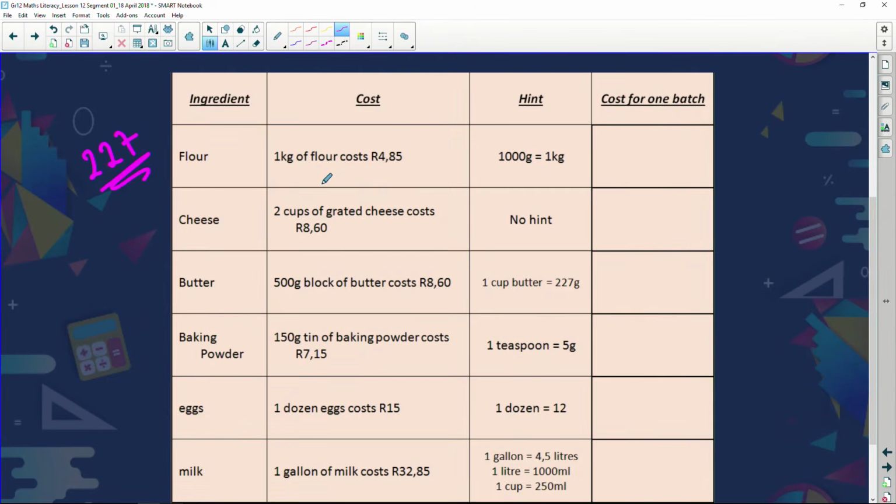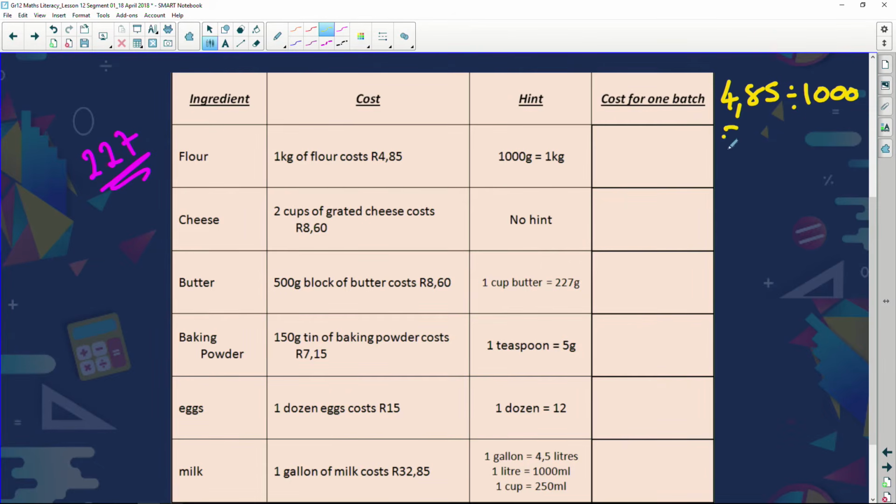I've got 1 kilogram of flour and that cost R4.85. Okay? I want 227 grams. So I'm going to say, okay, I've got R4.85. And that R4.85 gave me a kilogram or 1,000 grams.